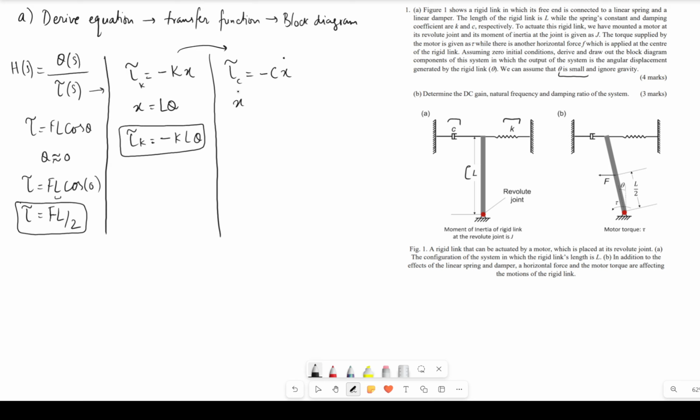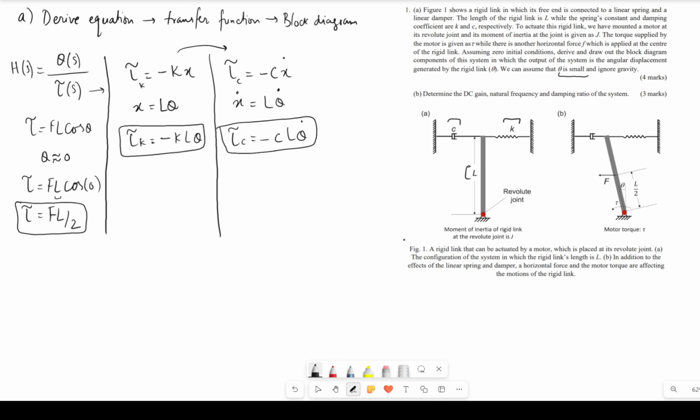And the derivative of X will be given by the same thing, but with the derivative of theta. Now if I put in this, we'll get tau C equals minus C L theta dot. So these are our three torques that we have obtained.